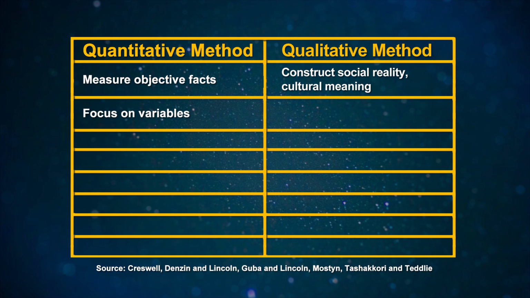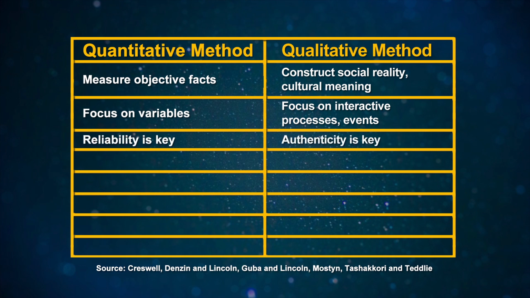In the quantitative method, the researcher focuses on variables, whereas in qualitative, the researcher's focus is on interactive processes and events. In the quantitative method, reliability is the key, whereas authenticity is the key for the qualitative method. In the quantitative method, it is value free. In the qualitative method, values are present and explicit.